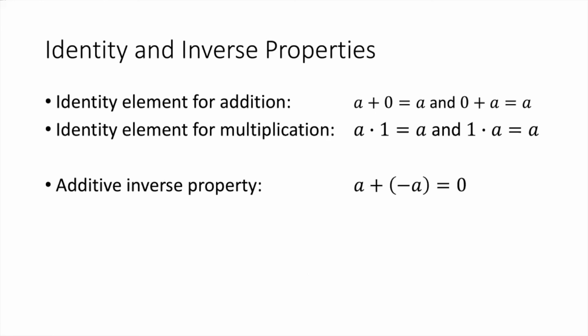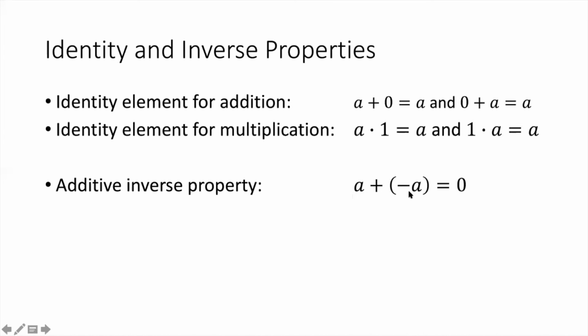So these are numbers that will give you the identity element as an answer. All right, so what I sometimes say about the inverse properties is that another way to describe them is to say that opposites and reciprocals are a thing. Every number has what's called an opposite.